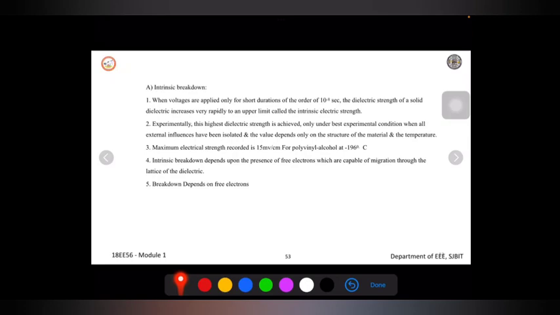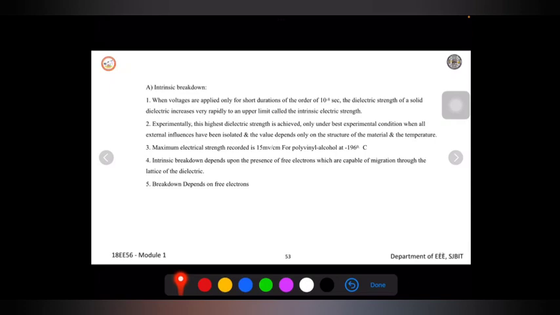To understand the breakdown mechanism of the solid dielectric, it is explained with respect to intrinsic breakdown. The highest dielectric strength is achieved only under the best experimental conditions, when all external influences have been isolated.